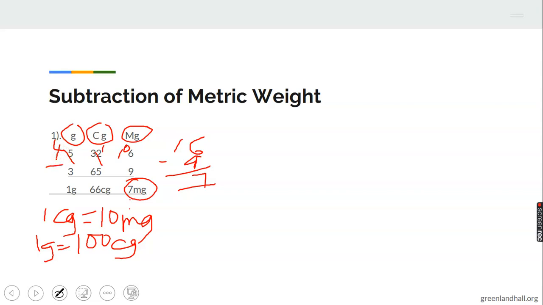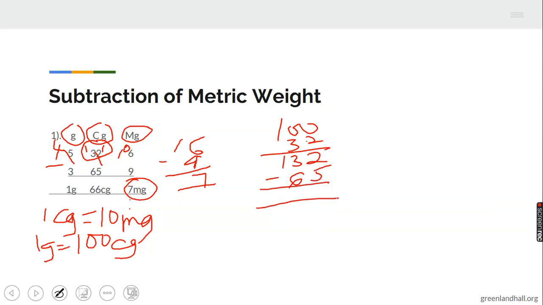So 100 plus the 32 that we have up here before, that will give us 132. So now we have 132 here. And then we now want to take away 65. So what do we have? 132 minus 65. Let's take away and see what it will give us.